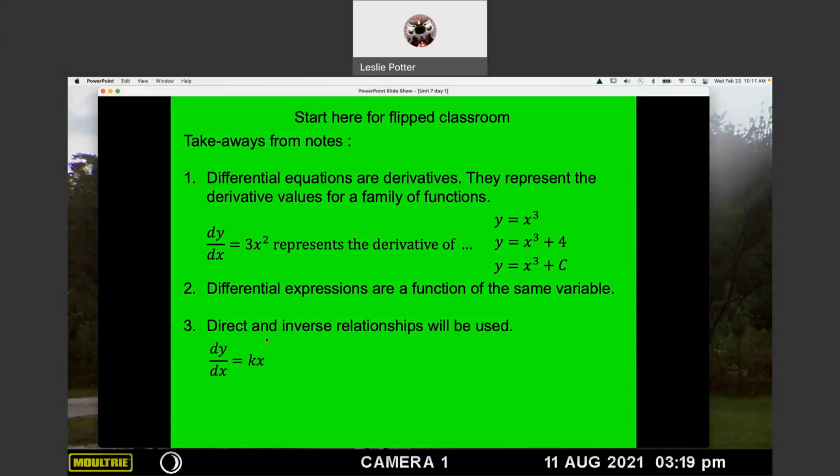Direct relationships look like this: dy dx equals k times x, or k times x squared. It's a numeric constant times a function, a specific family of functions. Or we have an inverse relationship, k over x, where instead of multiplying by a function, we're dividing by a function.